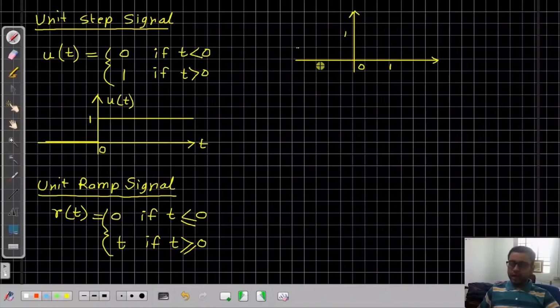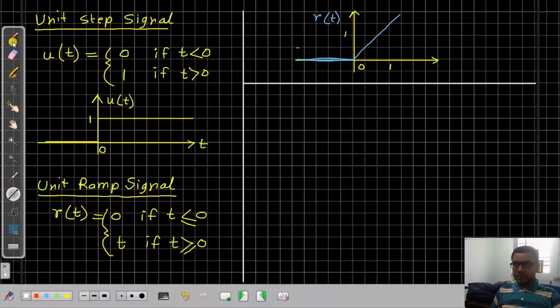Before time t equal to 0, the value of this signal is going to be 0, and after this point it will increase with a slope of 45 degrees. So this signal is called R of t, ramp signal or unit ramp signal.